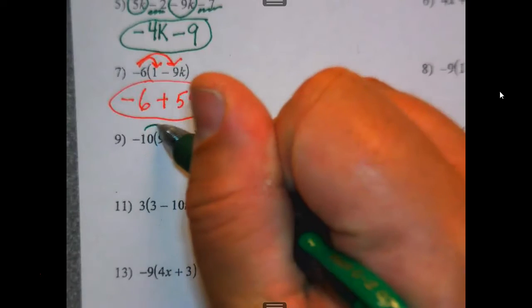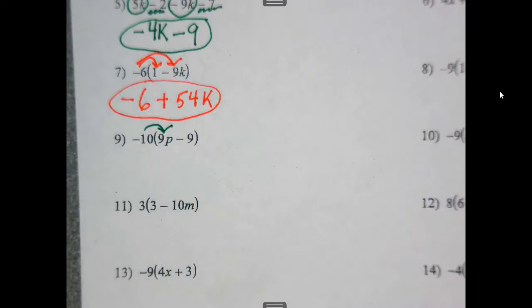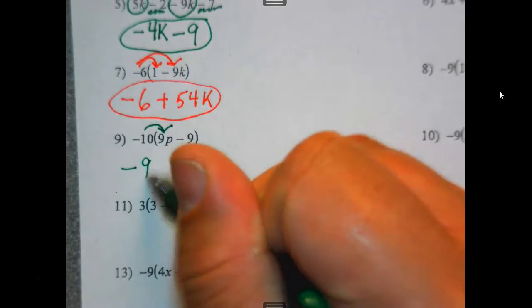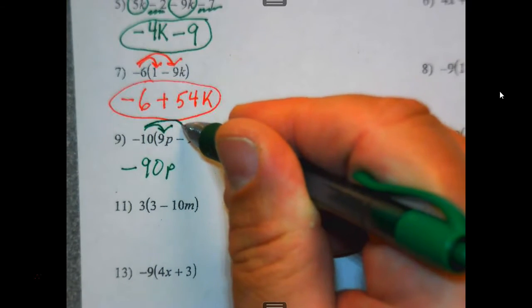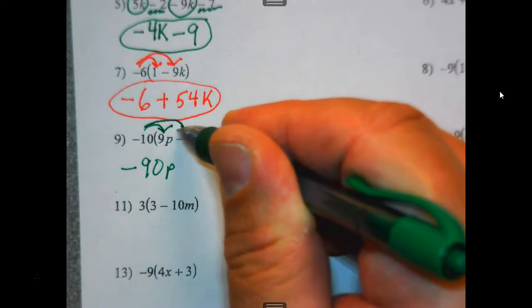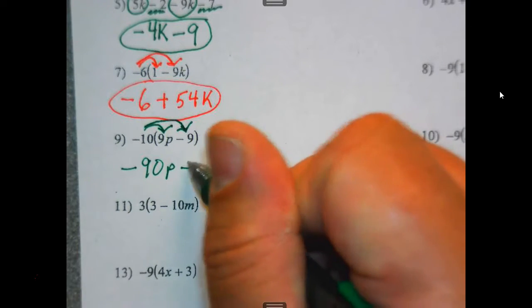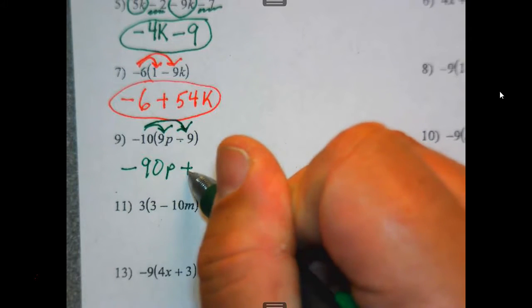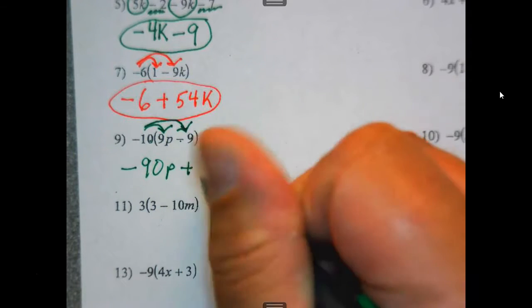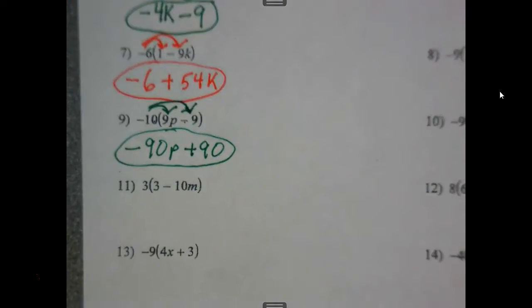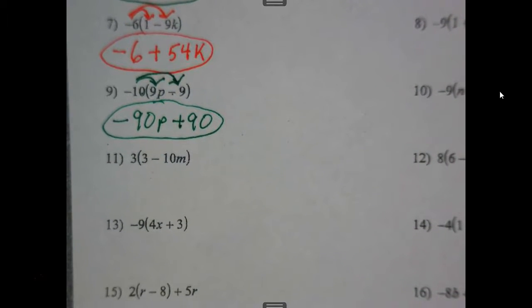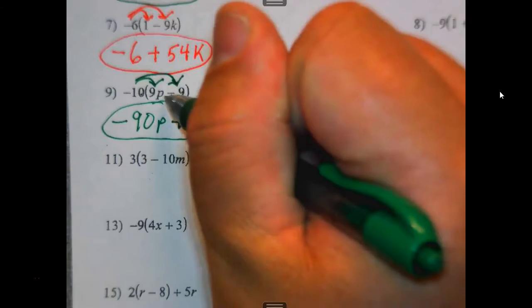Okay, negative 10 times 9p, negative 90p. Negative 10 times a minus 9. Well, it changes to plus because negative times a negative is a plus. 10 times 9 is 90. That's why I'm not thinking of this as a minus sign.